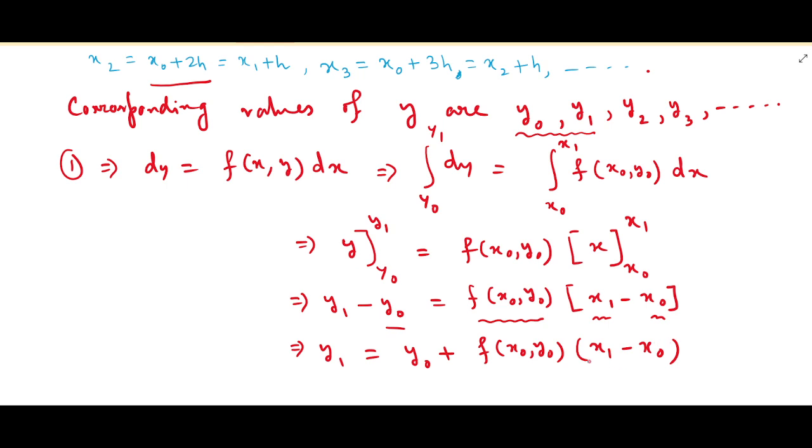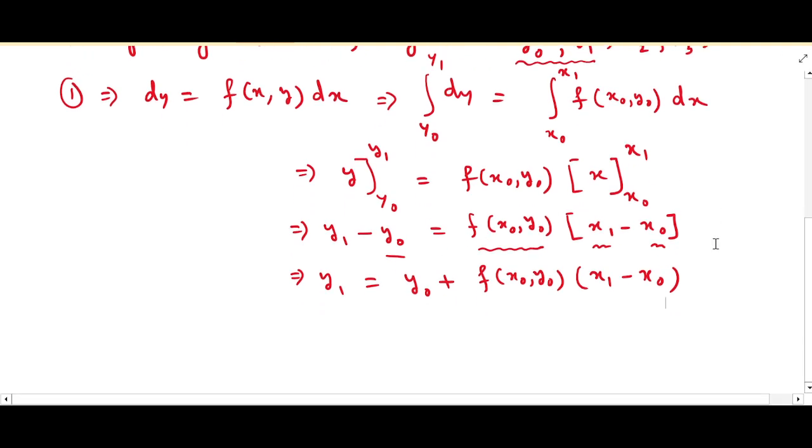Similarly, in the same way, if we proceed, then we can find y2, y3, y4, up to the nth term. How many values of x we will take, depending on that, we will get the values of y.